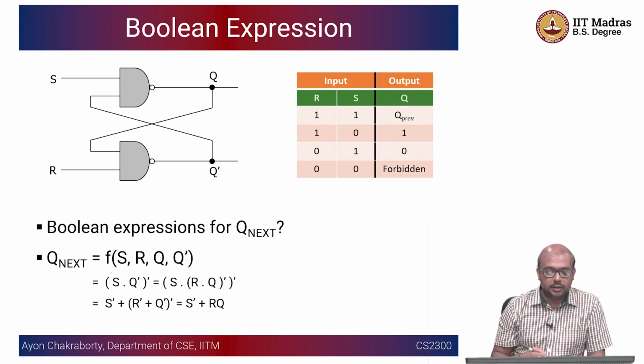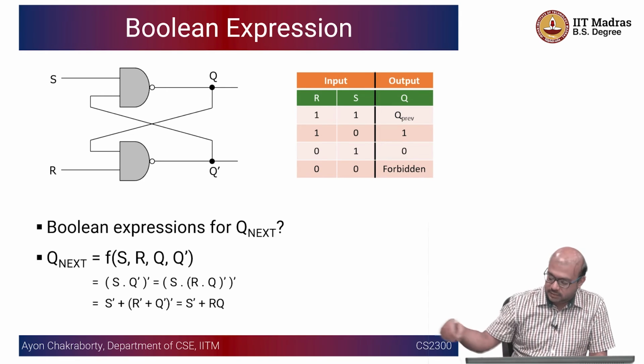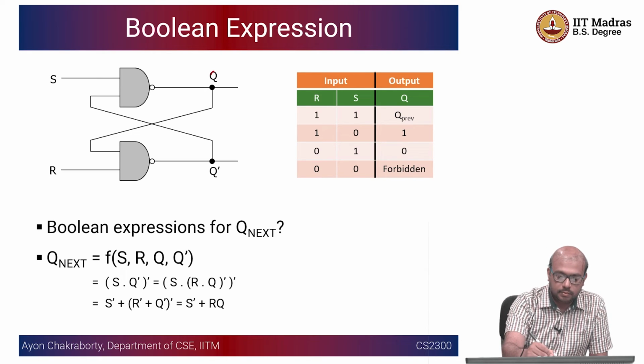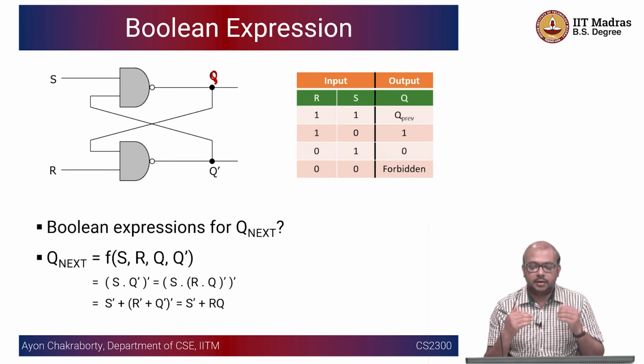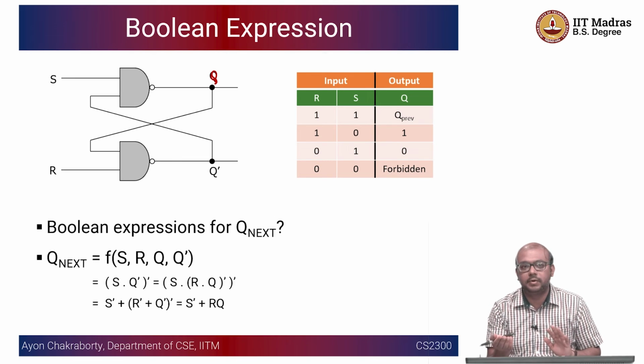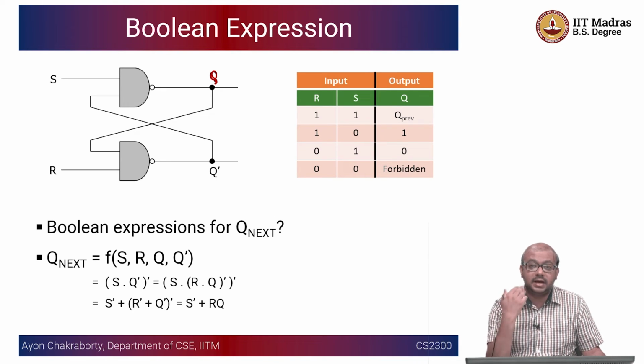So S dot Q bar, this is your output Q. We can typically call it Q next, because for a sequential circuit we typically deal with the next output as a function of the current outputs and current inputs. So what is going to be the next state of the circuit?